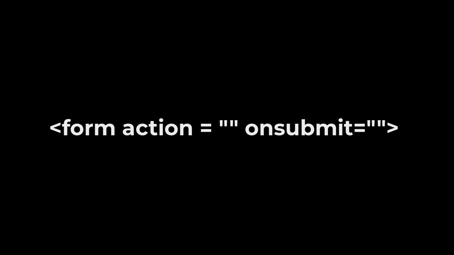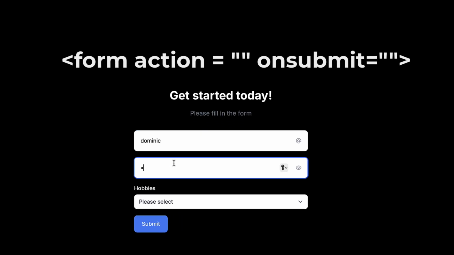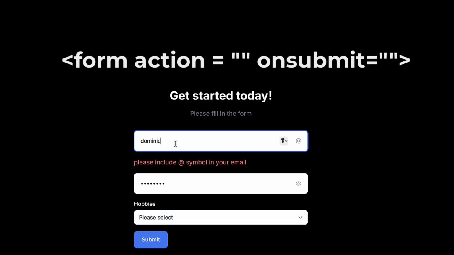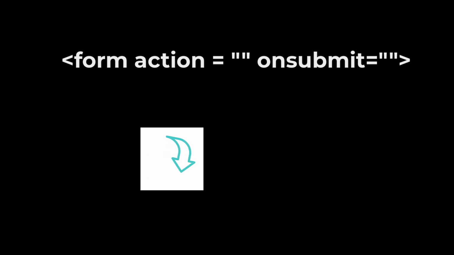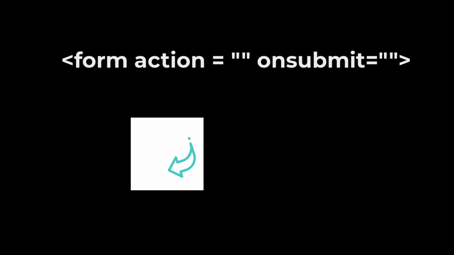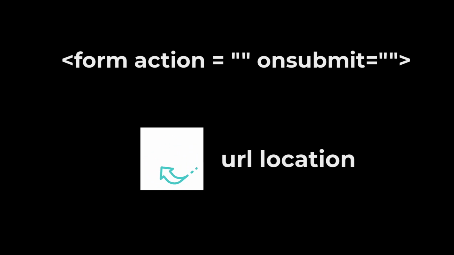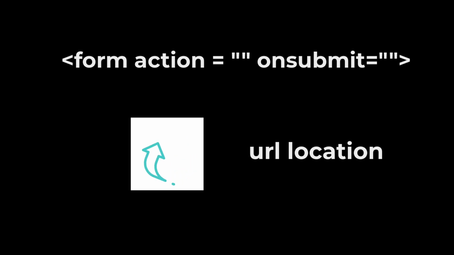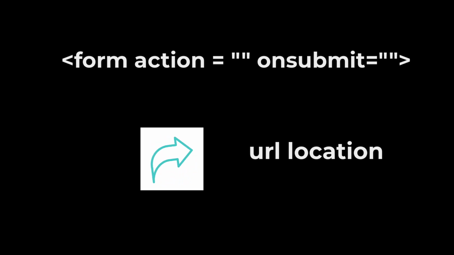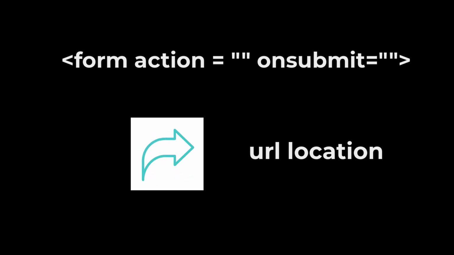This onSubmit attribute runs and does some validations before the form actually gets submitted to the back end. If the user has not filled in some of the forms correctly, the function that we've passed to this onSubmit attribute can actually help to detect that. Now, if everything works fine, we can send the form data to the URL or to the place we've specified using the action attribute. And so this is how forms work generally.